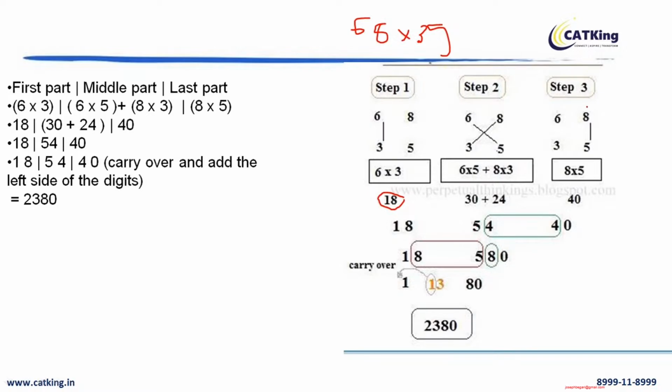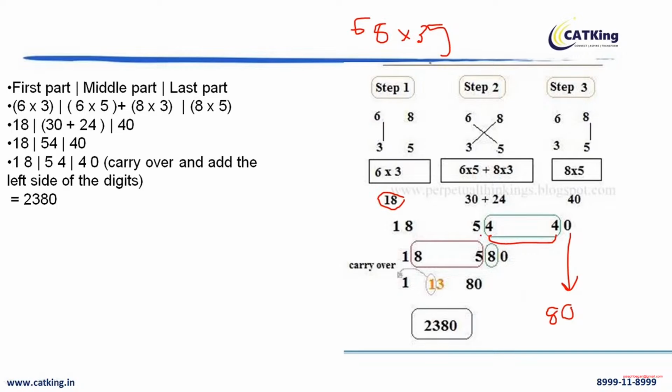And in the last step, you multiply the extreme numbers, that is 6 and 3. You multiply them, you will get 6 into 3, which will get you 18. Now, what do we know? Out of these three numbers, 18, 54 and 40, 0 as it is, alright, that is 0. Now the second number is 4. So 4 plus 4 of 54 will give you 8.